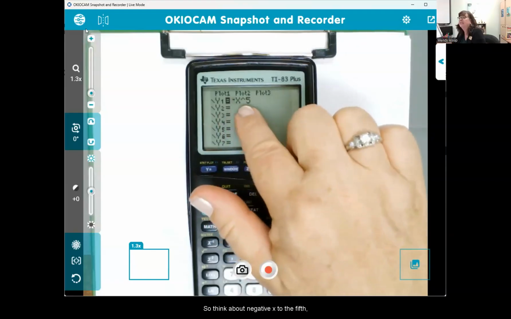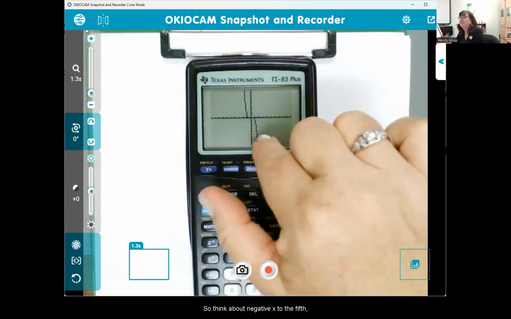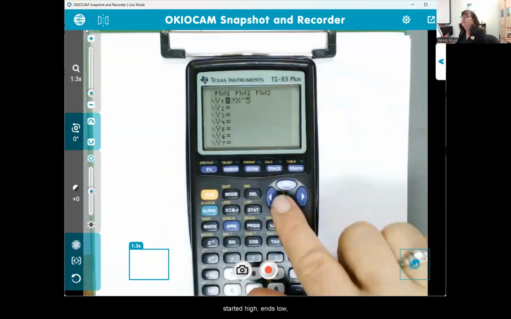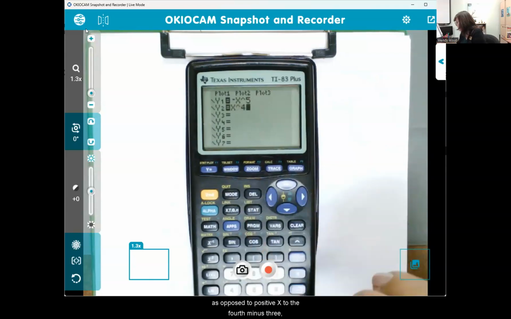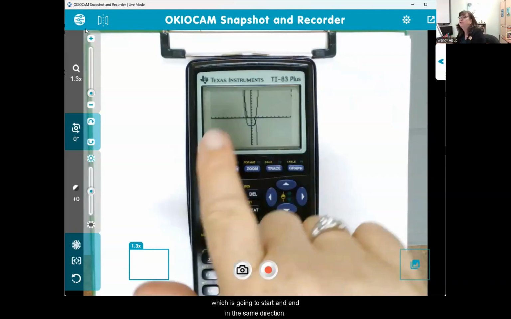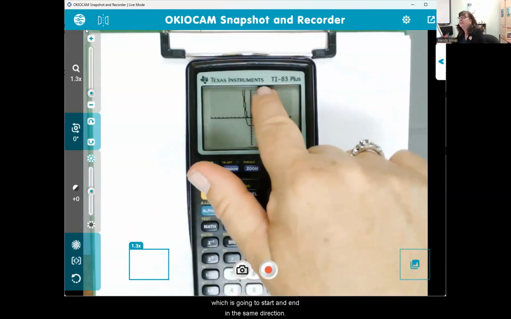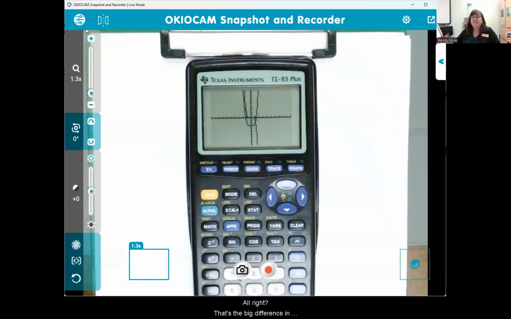So think about negative x to the 5th, started high, ends low, as opposed to positive x to the 4th minus 3, which is going to start and end in the same direction. Okay. All right, that's the big difference in polynomials of odd degree and polynomials of even degree.